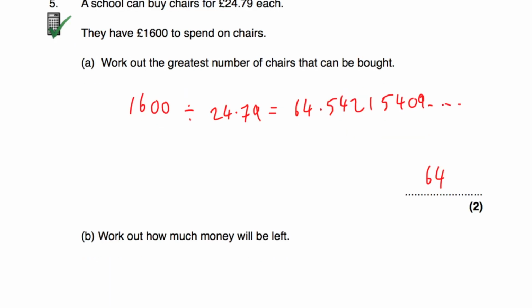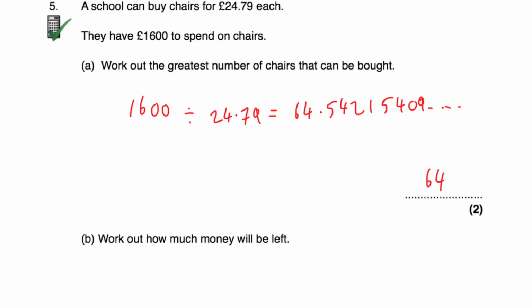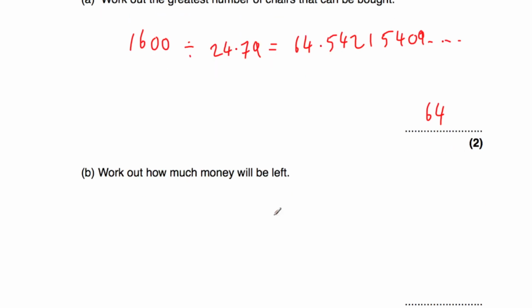And then the next question says, work out how much money would be left. Well, let's find the cost of 64 chairs. So let's take our £24.79 and multiply by 64 and see how much that would cost for those chairs. So £24.79 multiplied by 64 is equal to £1,586.56.